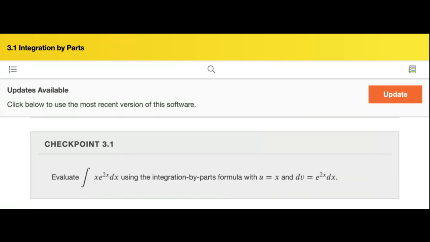Then minus the integral of v du. v is half of e to the 2x. Oh, that's a quarter, right? That becomes a quarter of e to the 2x. So uv is half of x times e to the 2x, minus a quarter e to the 2x, plus c.